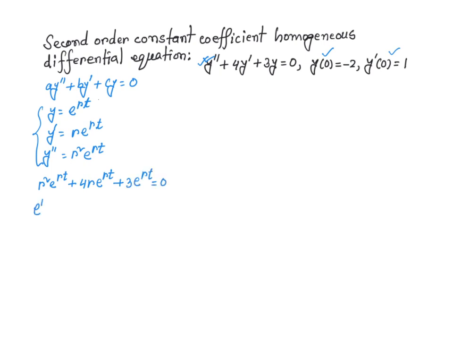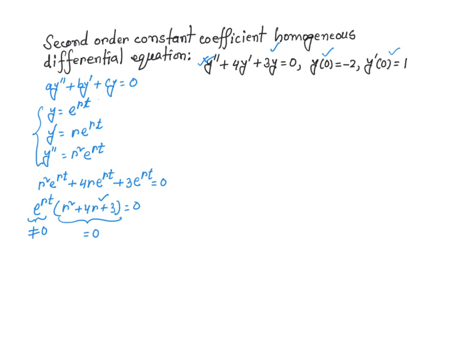If e to the power rt is factored out, I'm going to have r square plus 4r plus 3 is equal to 0. Obviously, e to the power rt is not equal to 0. So that means this has to be equal to 0. And this, by the way, is called the characteristic equation associated with this differential equation.